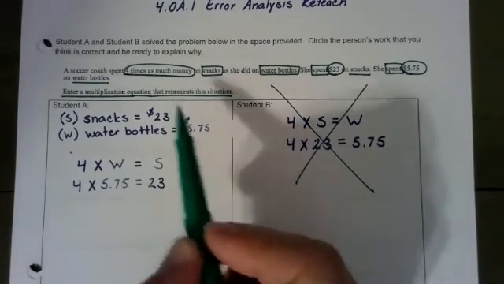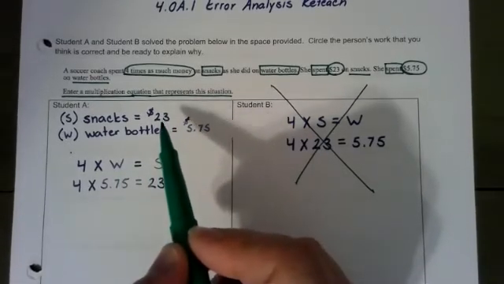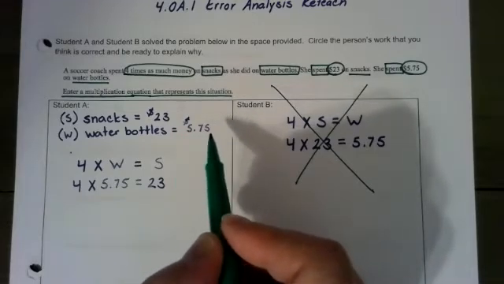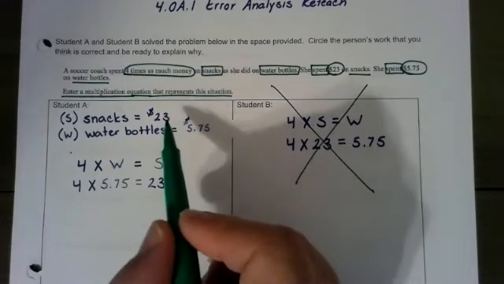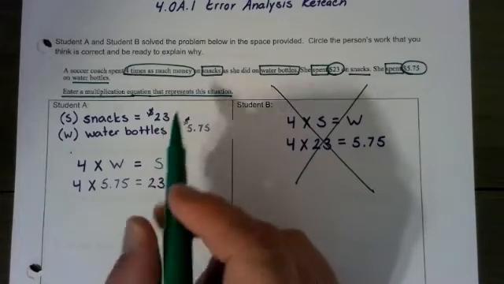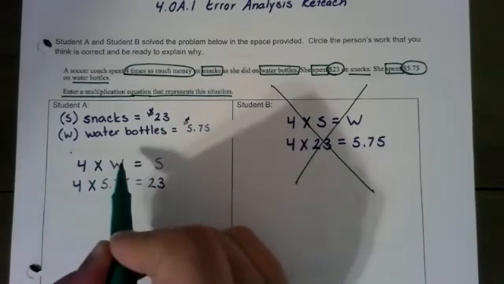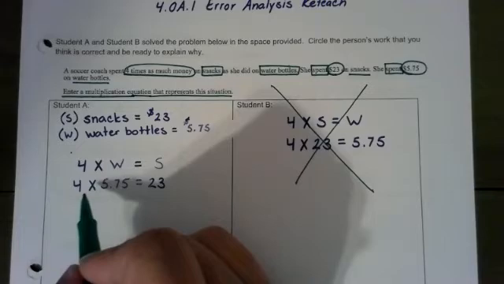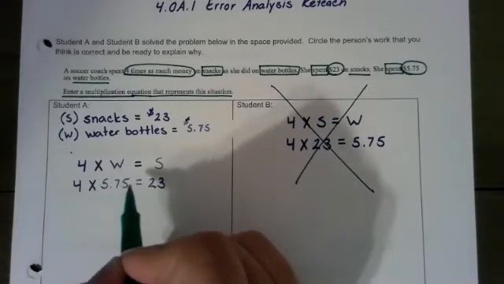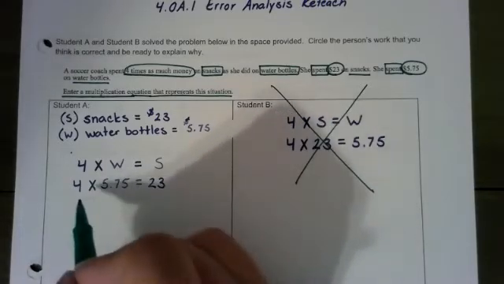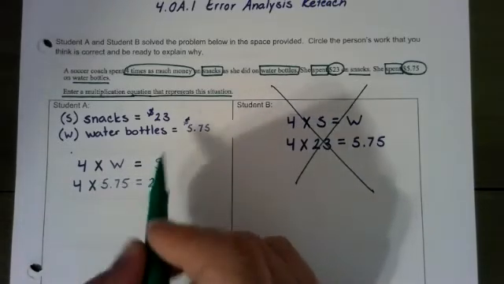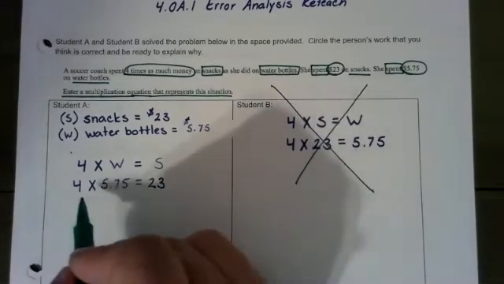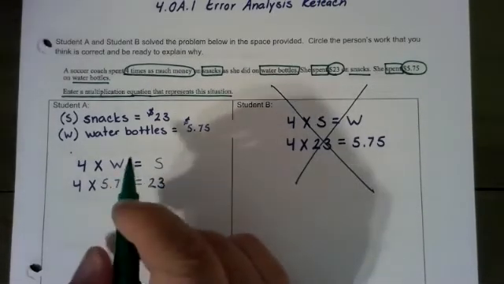Since snacks is the larger number, 4 times the water bottles is equal to the snacks. So 4 times $5.75 is equal to 23. This makes more sense. Snacks is the larger number, so it becomes our product in this relationship.